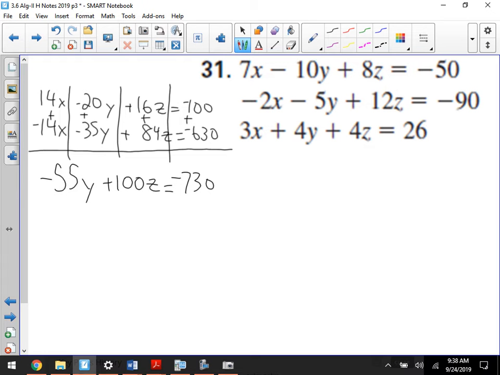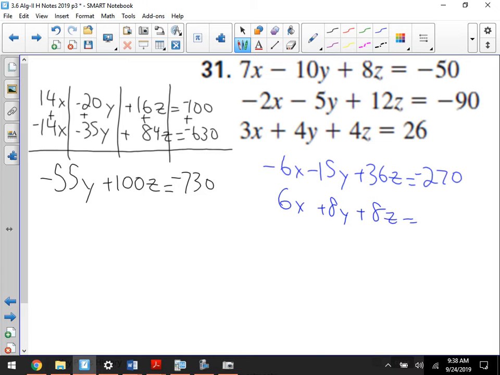All right. Do the same thing. I'm going to multiply the middle equation by 3, the bottom equation by 2, again to eliminate the values of x. If we do that, we get negative 6x minus 15y, 36z, and negative 270. Double the bottom equation, we have 6x, 8y, 8z, and a 52.